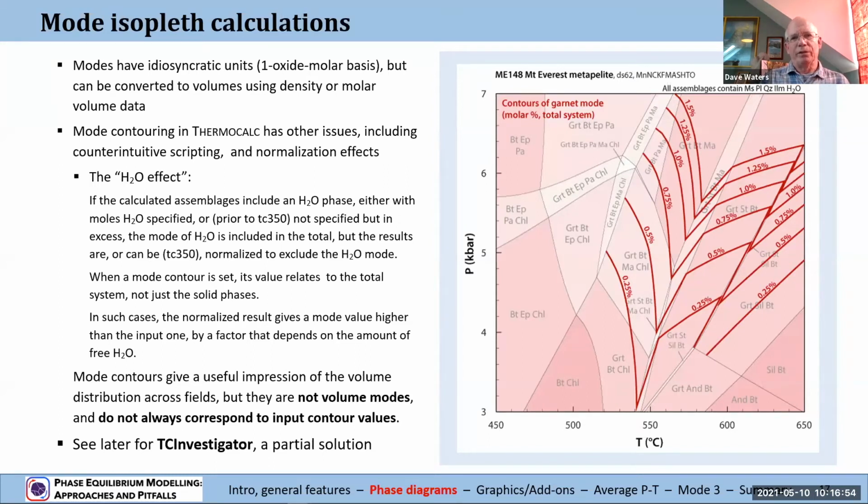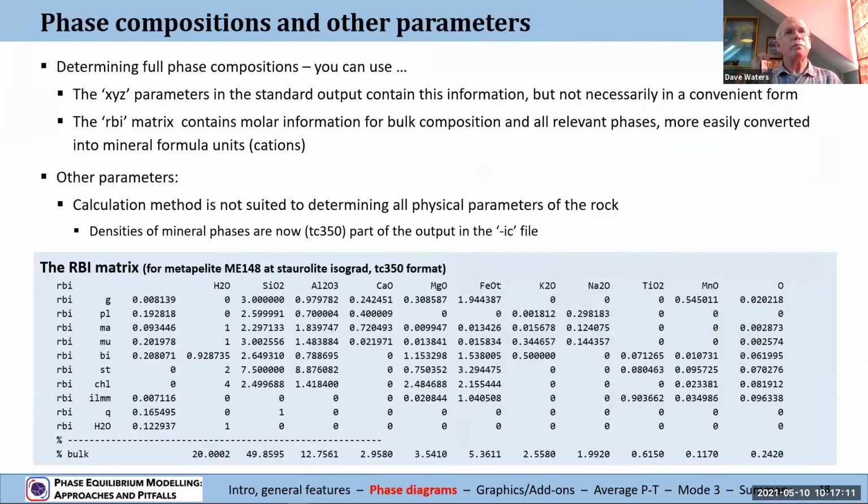But again, you need to remember they're not strictly volume modes, and they do not always correspond to the contour values that you put in if the H2O effect is working. And there's a partial solution for that in this supplementary program, TC Investigator, that I'll mention later.